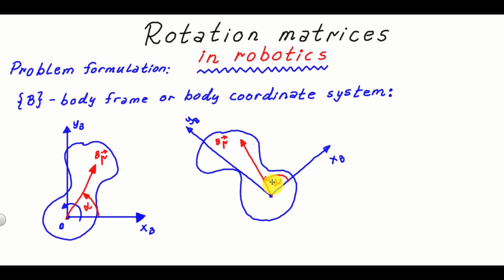From outside, it looks that this vector rb is continuously rotating. However, if we imagine that we are just sitting in this coordinate system xb, yb, this vector will always stay constant. That is, it's not going to rotate if you are located in the coordinate system xb and yb.